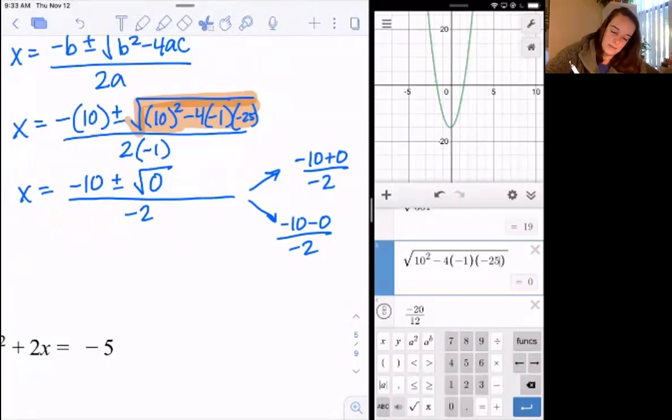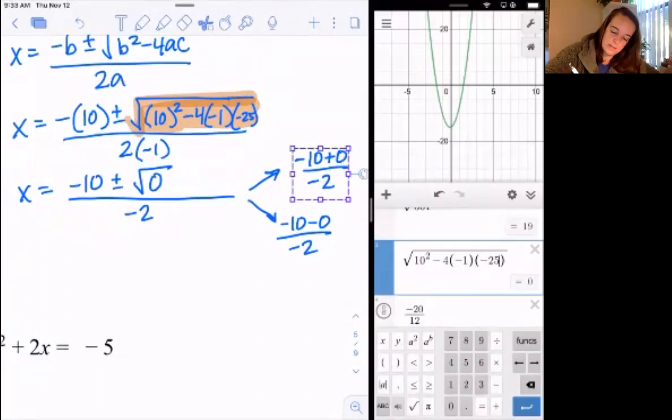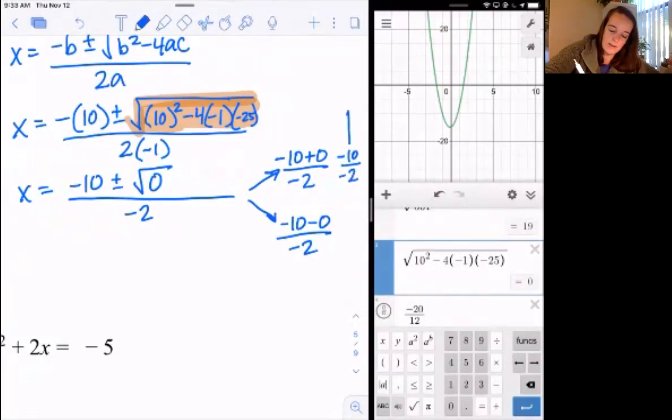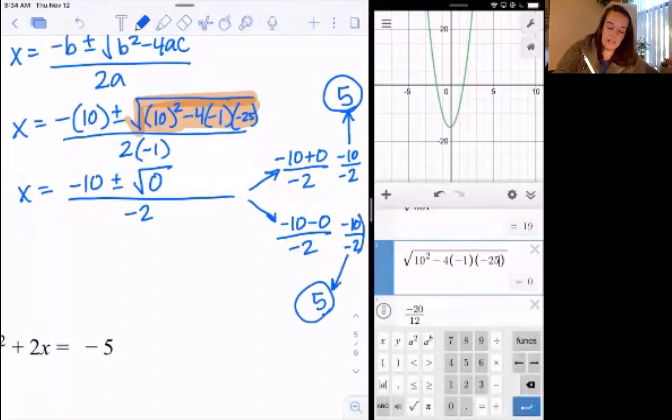So I have my two possibilities here. Negative 10 plus 0 would be negative 10 over negative 2, which is going to give me 5. And then negative 10 minus 0 over negative 2 is also going to give me 5. So I have one solution here. My solution is x equals 5.